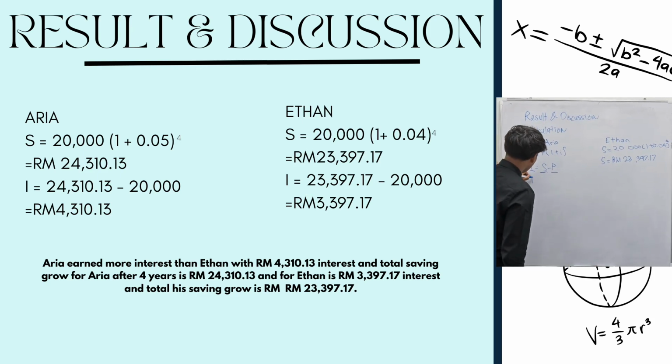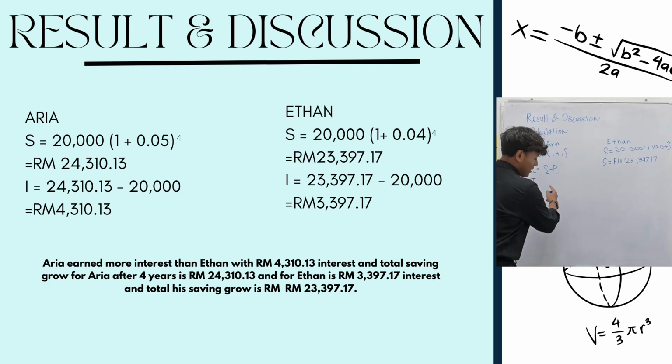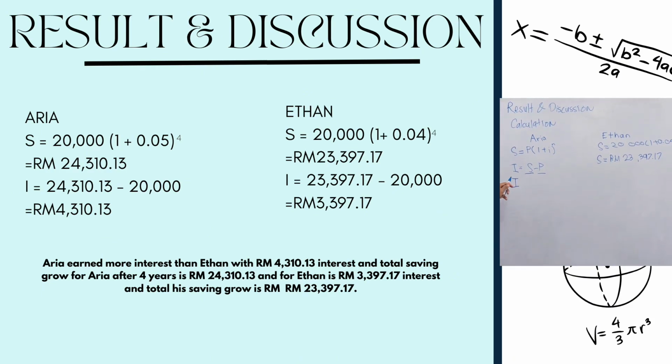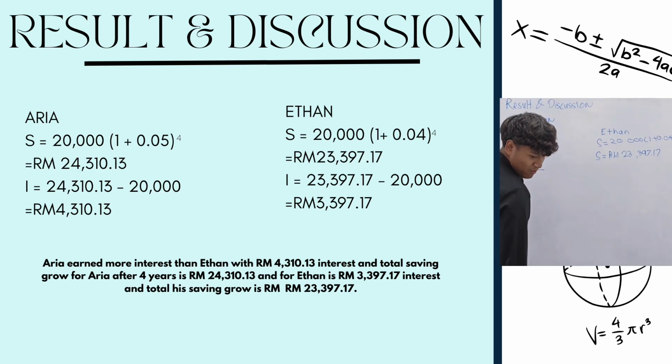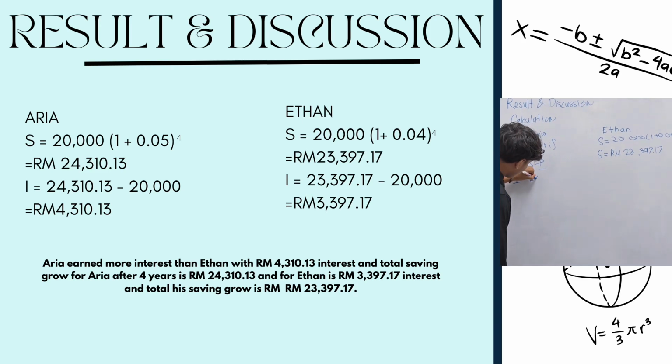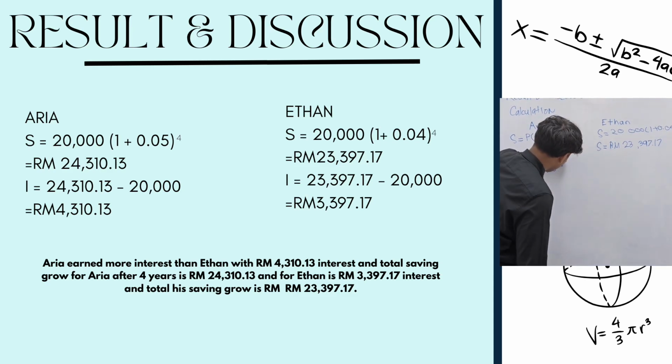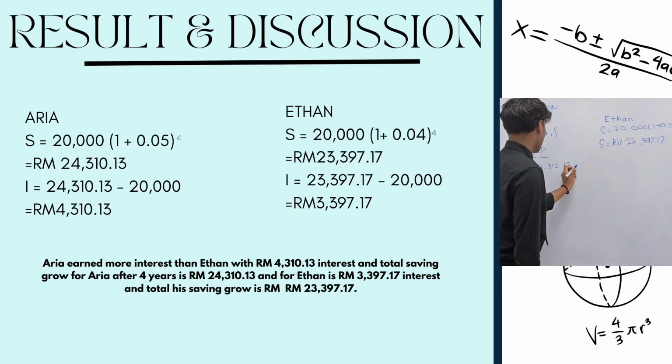Now we have to find the value for I. The formula for I is S minus P. We just got the value of S, so we put it in here. The value of S is 24,310.13.